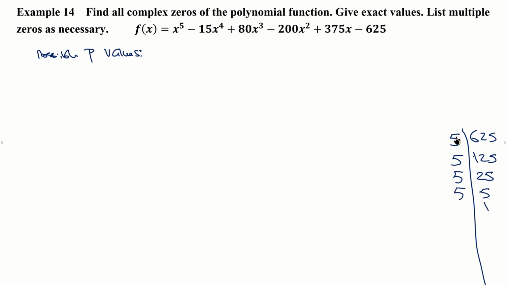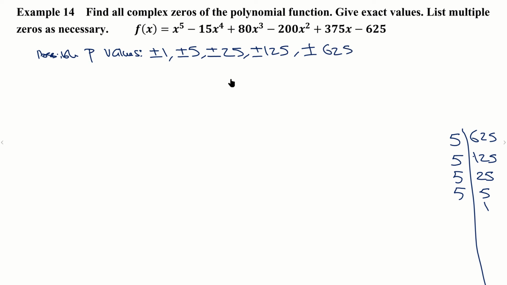So there's the prime factorization of 625. So basically, all the factors are going to be plus or minus 1, plus or minus 5, plus or minus 25, plus or minus 125, and of course plus or minus 625 itself, right?